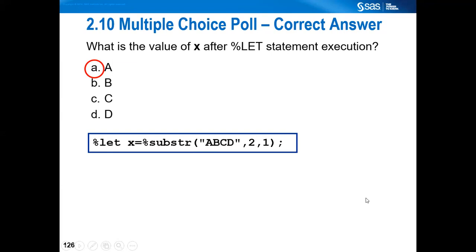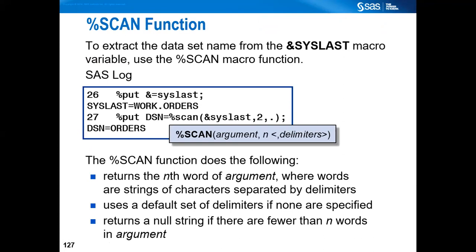Priyanka, Shanmuga. So the scan function is the same as your base SAS scan function, same syntax. It returns the nth word of your argument, where words are strings of characters separated by delimiters. It uses a default set of delimiters if none are specified, and returns a null string if there are fewer than n words in the argument.